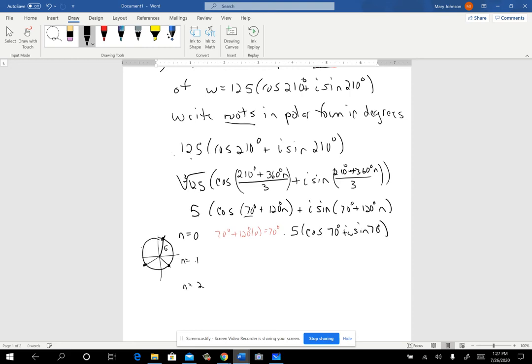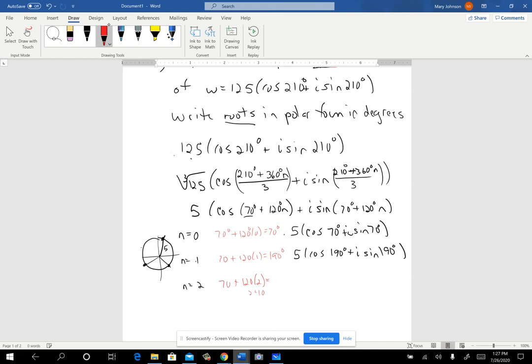Okay. All right. When you plug in the 1, just do the 70 plus 120 times 1. So then we get 190 degrees. So that means it's going to be 5 cosine 190 plus i sine 190. And then for the last one, you're going to do 2 times the 120, that's 240.